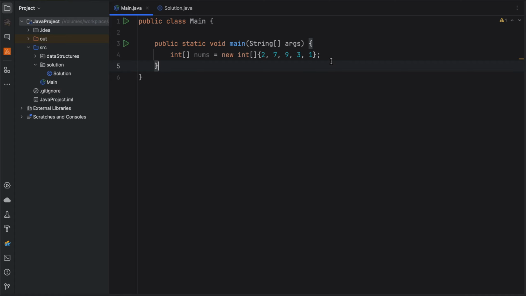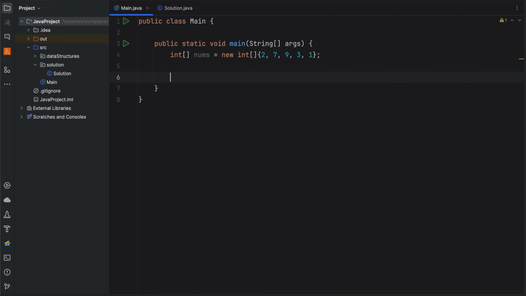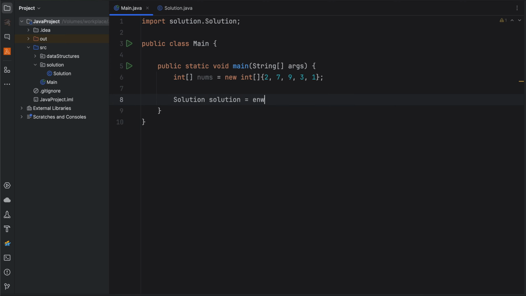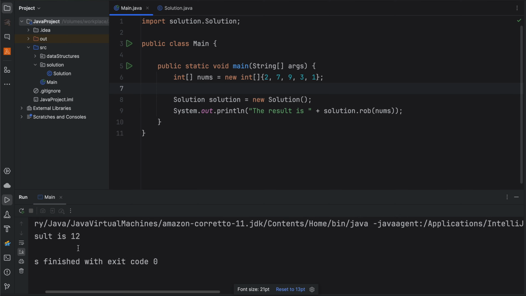Okay, and so as always the method rob is placed in the class called Solution, so I need to create an object solution equal to new Solution, and let's print the result out. So System.out.println "result is" solution.rob(nums).